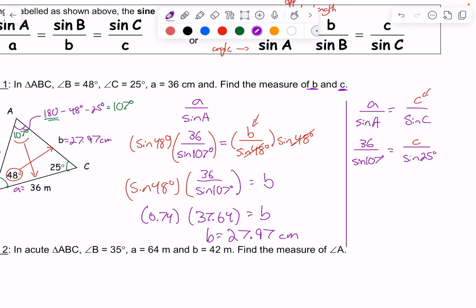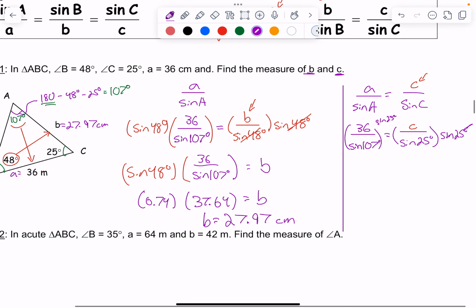So isolate for C: multiply both sides by sine 25 degrees. These cancel, and you get sine 25 degrees multiplying 36 over sine 107. And that gives you side length C.